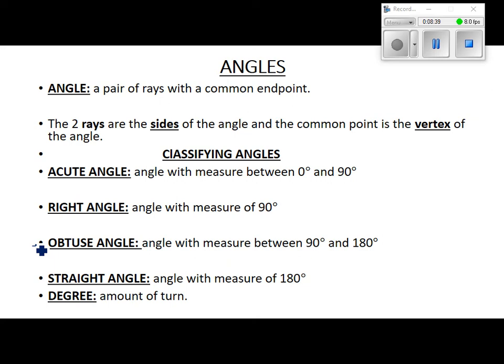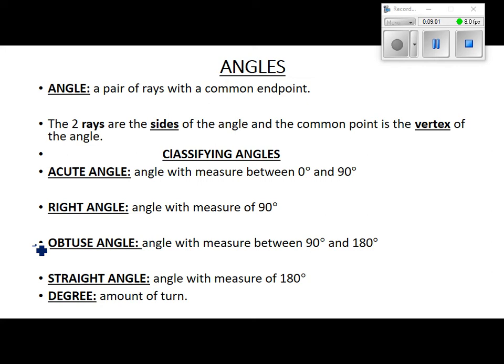Look at my definition. What's different? Measure between 0 and 90. Are there other numbers that are smaller than 0? Yes. And there are other angles that are less than 0 degrees.